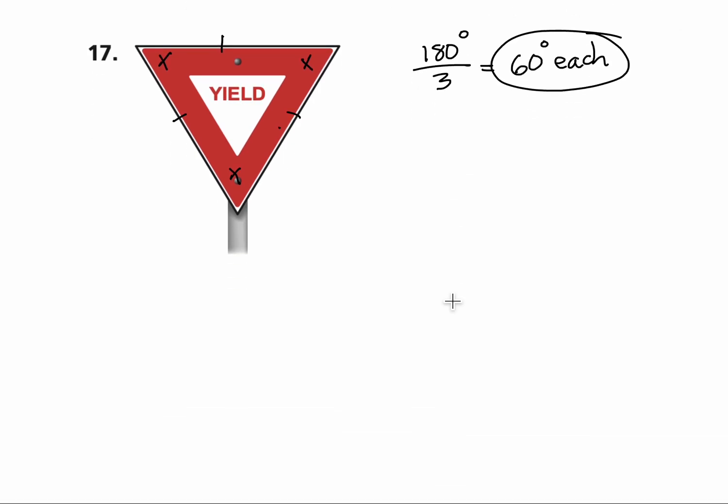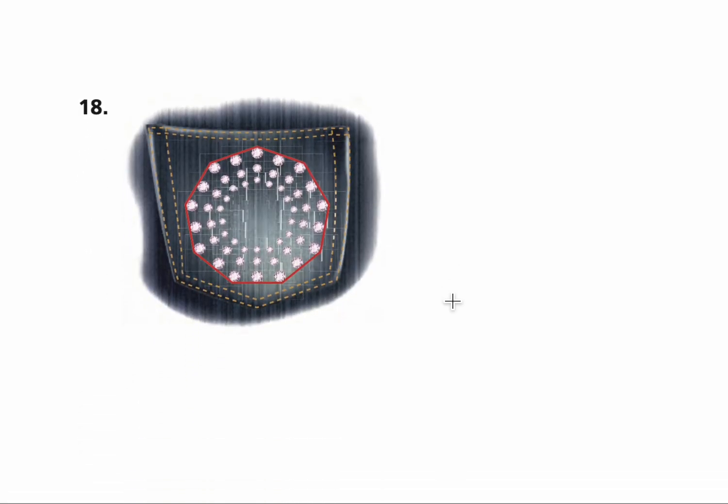So now if we get to a more complicated one, look at this one. So let's take a look at how many angles there are. Well, it's actually hard to count the angles because there's so much going on in these sides. So I'm going to count the sides because the sides are the same as the angles.